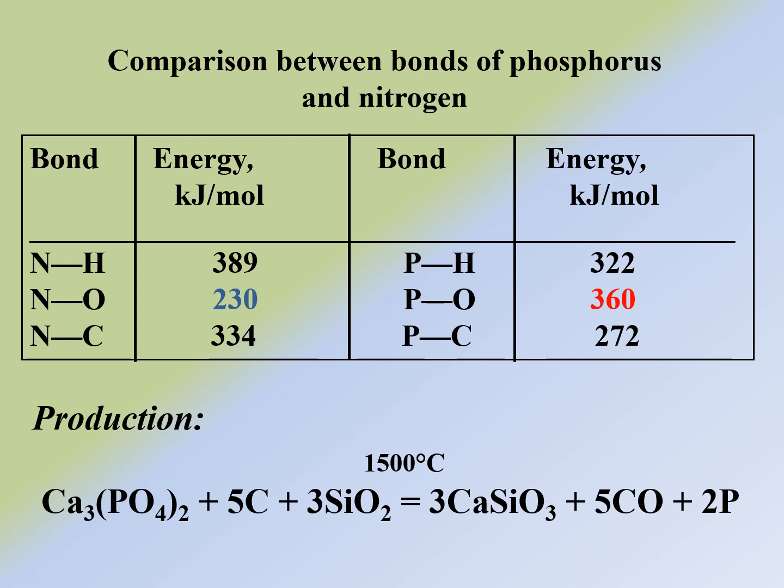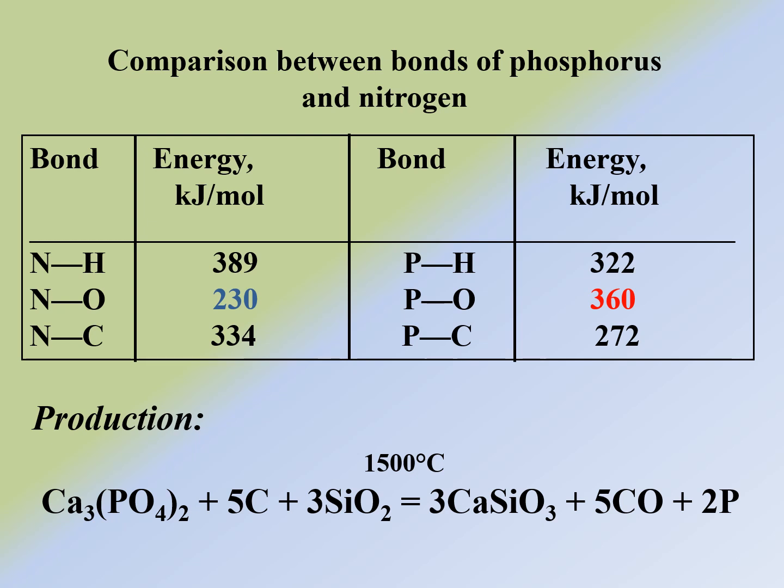A thermodynamical table can explain why there are a lot of compounds made of phosphorus and oxygen that are stable, while compounds made of nitrogen and oxygen with the bond between N and O are not so stable.